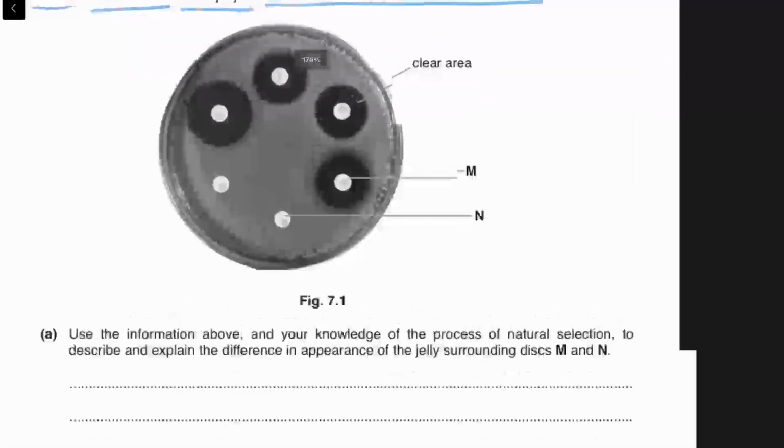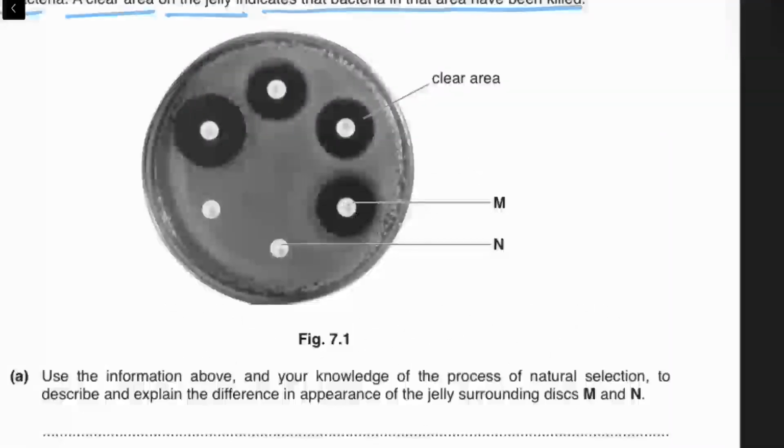Now, first of all, what does the clear area indicate? No bacterial growth. Why is there no bacterial growth? No, my question is, what does this clear area indicate? No bacterial growth, right?